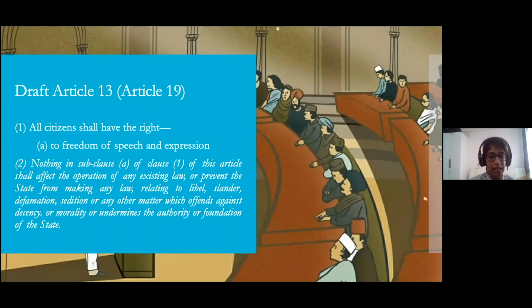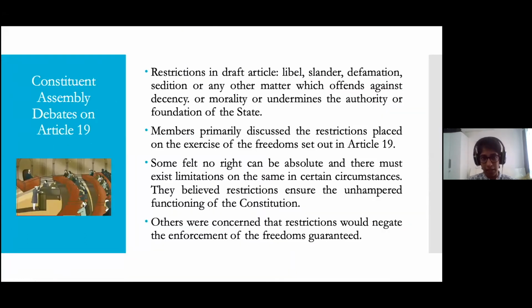For instance, it says that there can be laws that relate to libel, slander, defamation, sedition, or any matter which offends against decency or morality or undermines the authority or foundation of the state. So let's look at what the Constituent Assembly debates were on having such restrictions in the Constitution itself.